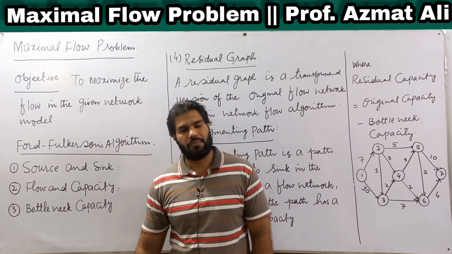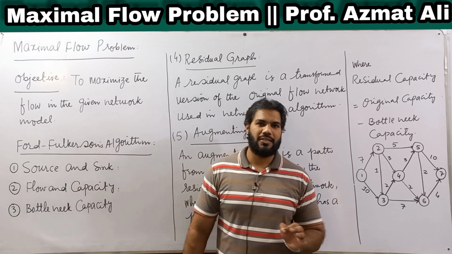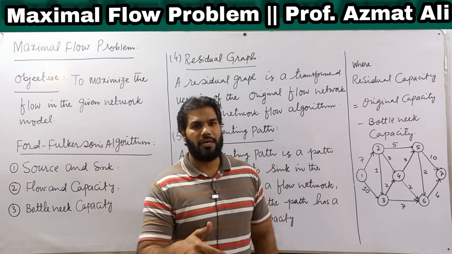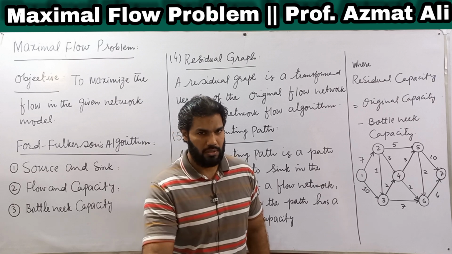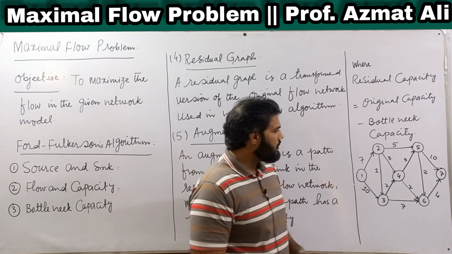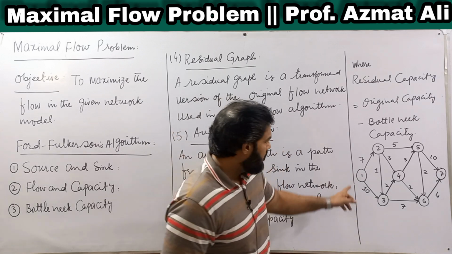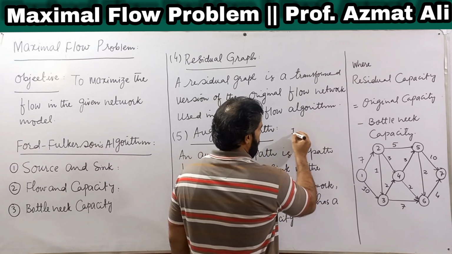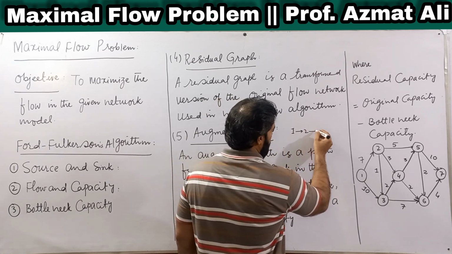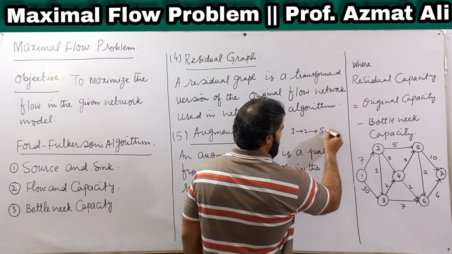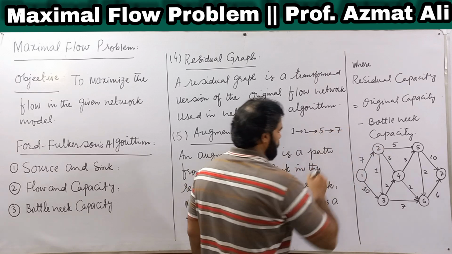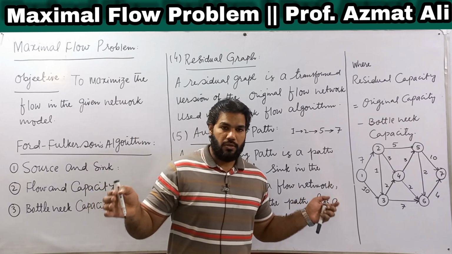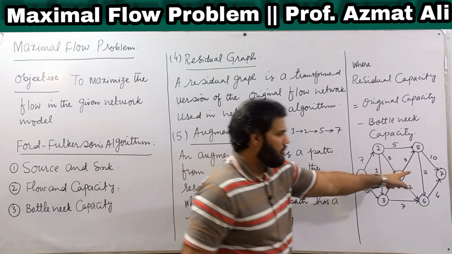What is the bottleneck capacity? Bottleneck capacity is actually associated with a path, and a path can be formed by 2 or more edges. For example, in the figure, one of the paths is this: from node 1 to node 2, from node 2 to node 5 and from node 5 to node 7. This path joins the source node and the sink node.